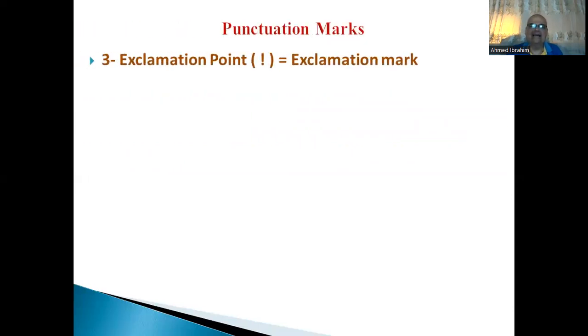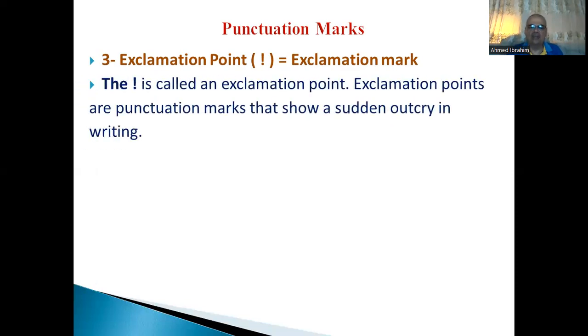3. Exclamation point equals exclamation mark. The symbol is called an exclamation point.